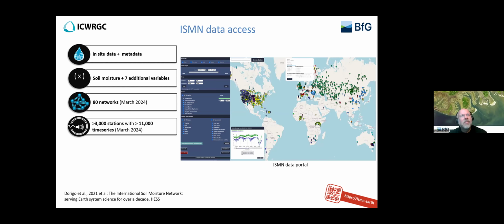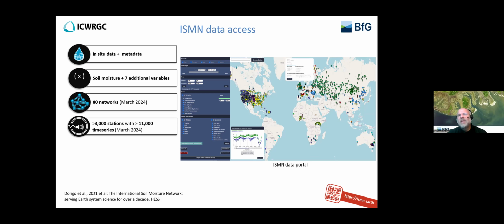And overall, we have about 80 networks in our database. On the right side, you can see the locations of the different networks. Overall, we have over 3,000 stations with more than 11,000 time series, because of course we get data from different depths.